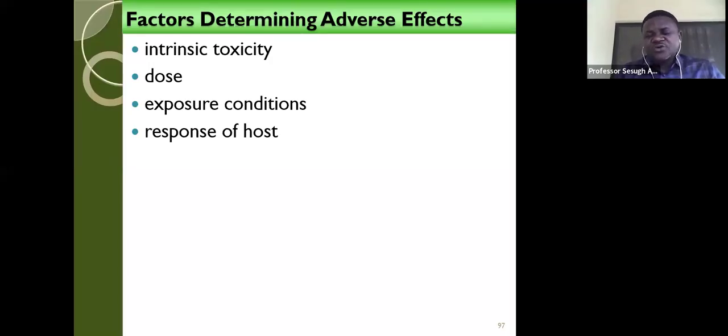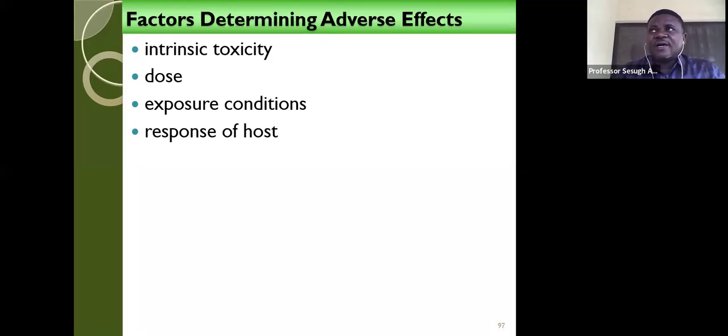I told you that when a chemical or a toxicant is delivered onto the target molecule or target organ, after delivery, there is a reaction. After a reaction, there is injury, then repair or disrepair, as the case may be.